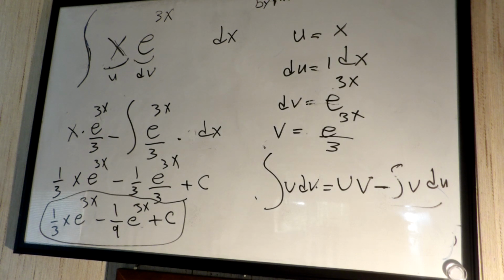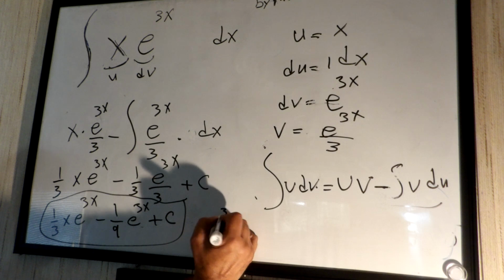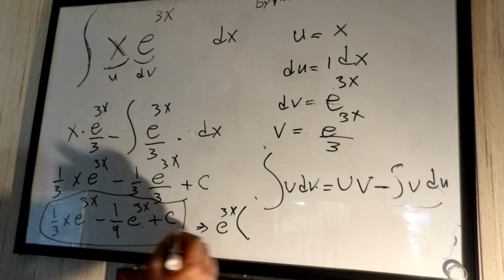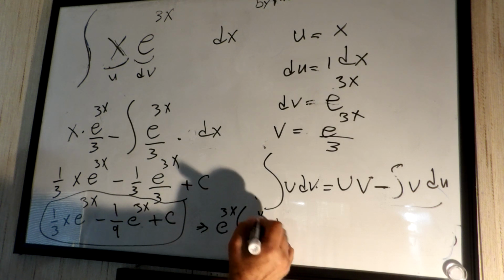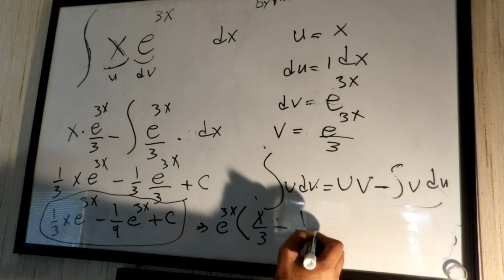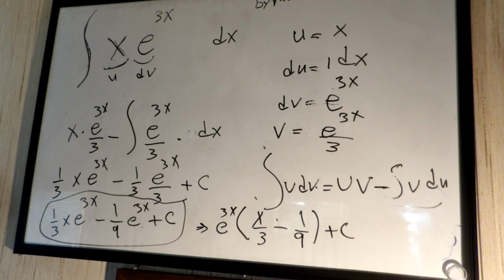And then you can factor this one, because e to the power of 3x is common between these two. It's going to be e^(3x) times (x over 3 minus 1 over 9) plus c. Okay, this is integration by parts.